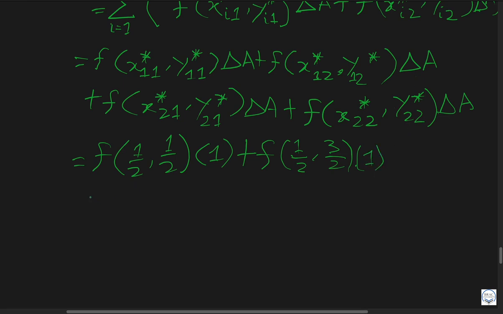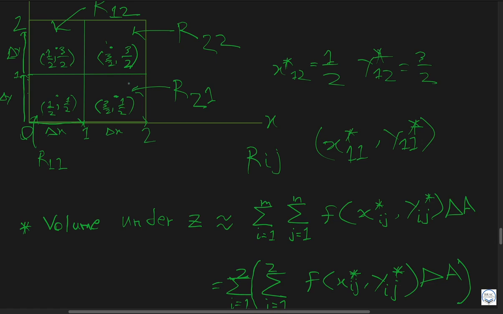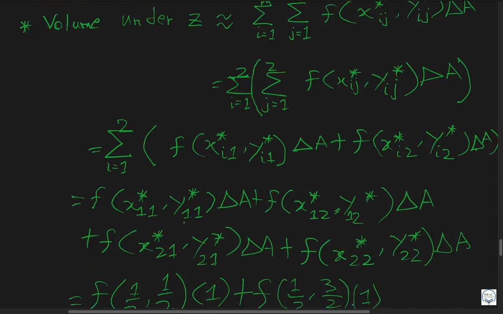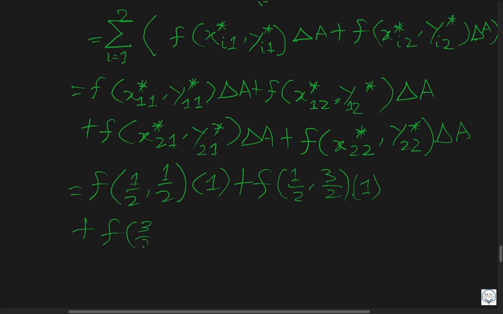This is 3 by 2. So this will be half, comma 3 by 2, along with multiplication of 1 due to delta A. Similarly, we can find the rest of them.